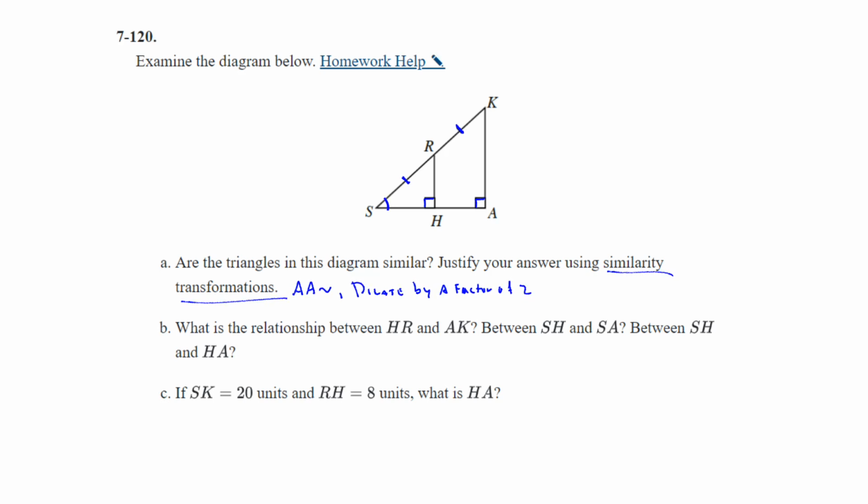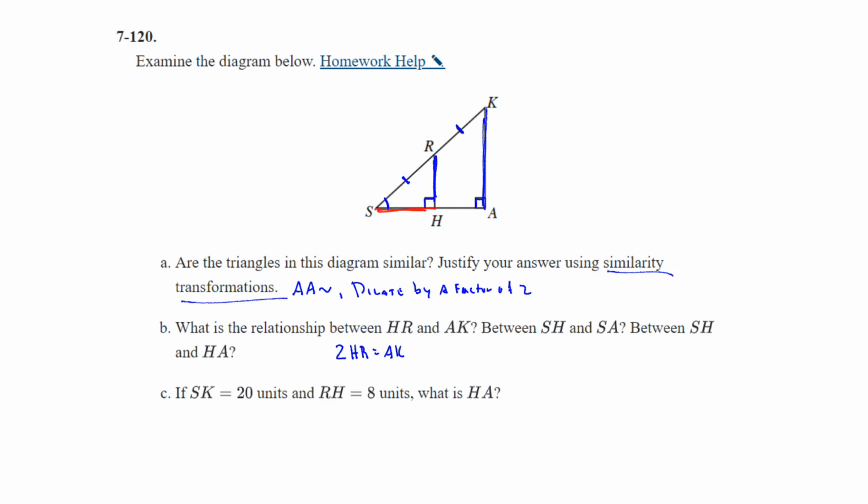Part B, what is the relationship between HR and AK? HR, which is right here, and AK. Well, we just said the dilation was by a factor of 2, or the zoom factor is 2. So that means that 2 times HR would be equal to AK. The next one, between SH and SA.